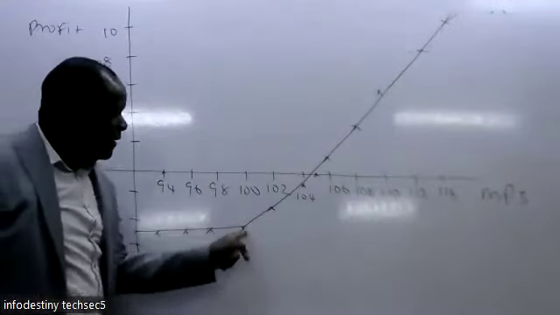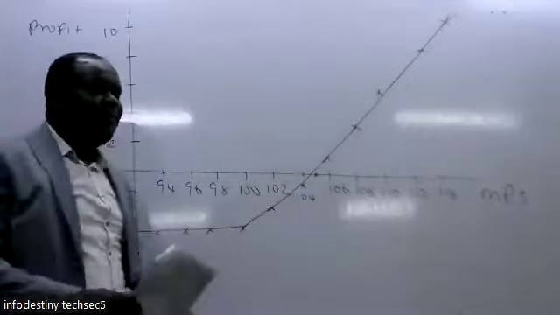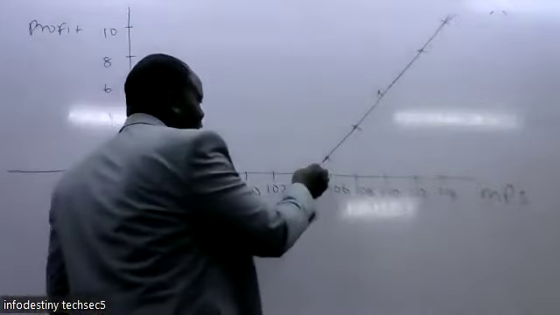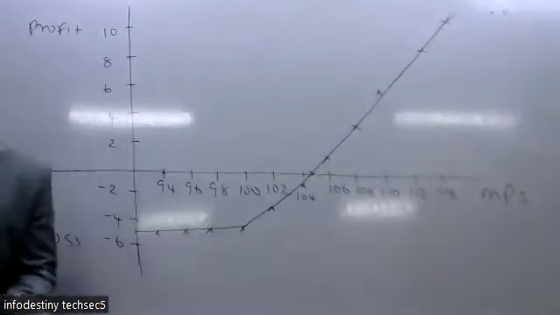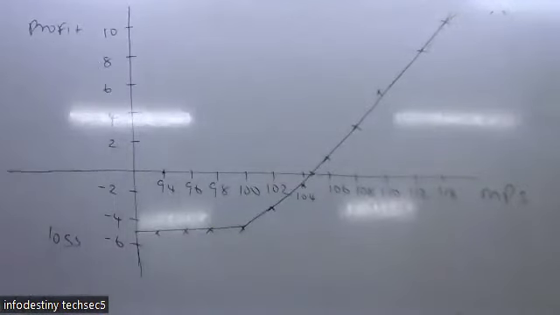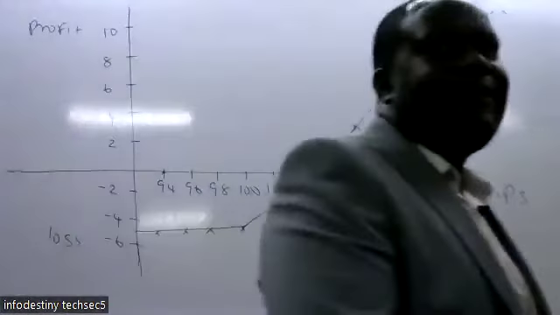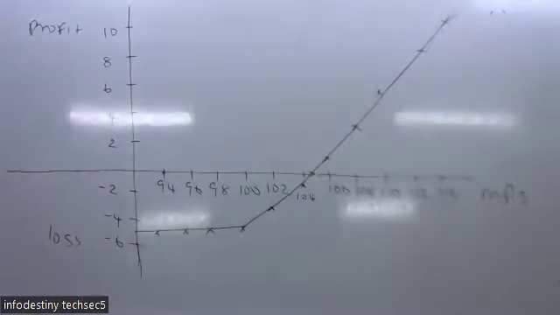Then from here again, when you move up, it must also be using a ruler. So if you have drawn it on scale, it will appear in that manner. So that's now the graph, but we need now to interpret that graph.